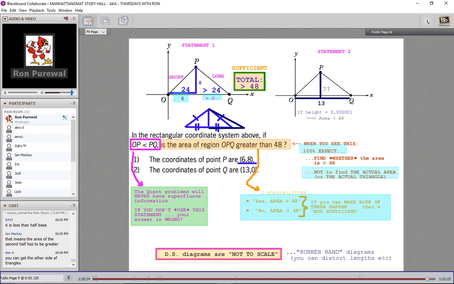And if the height is like 100,000, then the area is going to be a lot more than 48. So this is not sufficient. Smiley if that makes sense. So overall, it's A like alligator. Sweet.